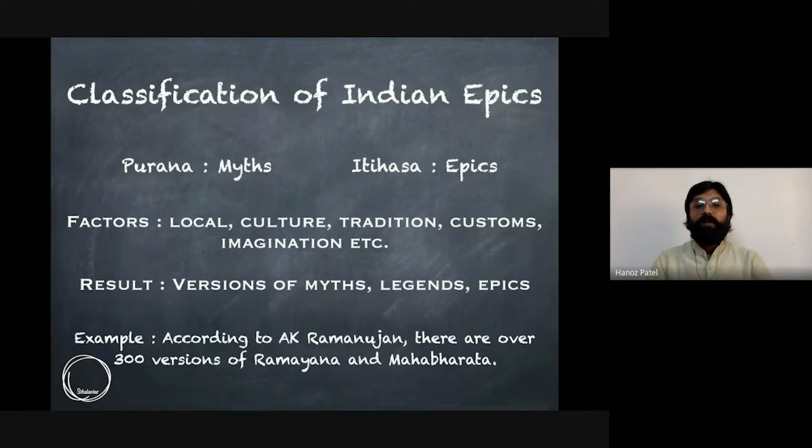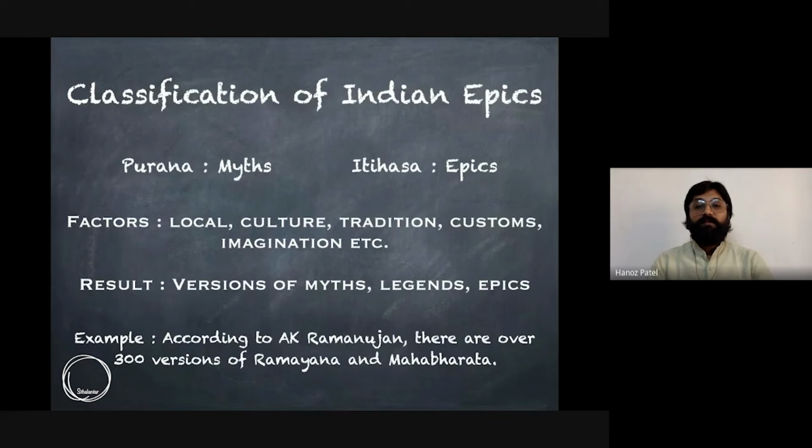But a lot of factors affect these stories, these Puranas and Itihasa, which can be local, culture, tradition, customs, imagination. Because it revolves, goes back to oral and written, the impact on them is that the stories evolve.